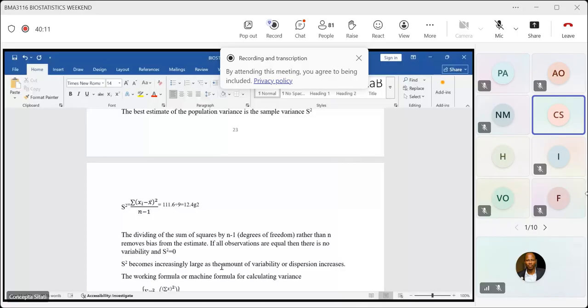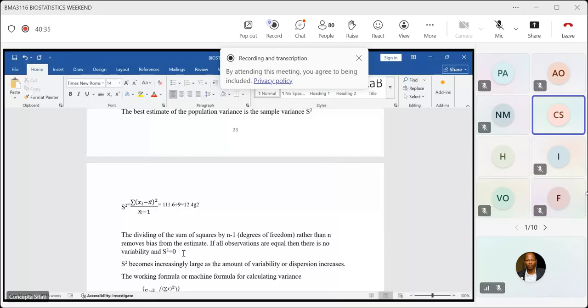The answer is here. If all the observations are equal, then there is no variability and the variance is 0. Actually, all the parameters for variability will read 0 because even the range will be 0, and the mean deviation will be 0.